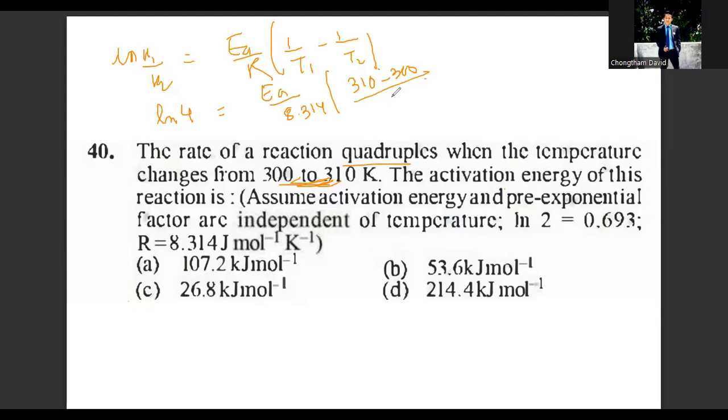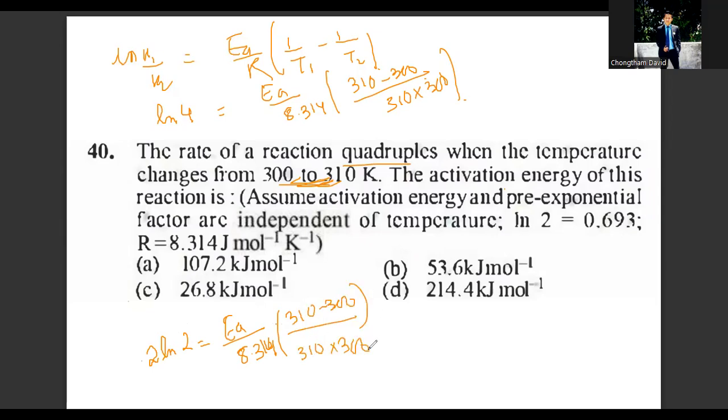From this, multiply 300 and 310, and you would easily get the value of activation energy. Anyway, let's calculate. So ln 4 can be written as ln 2 to the power 2. That 2 is raised in the power, so it comes in the coefficient by using the property of log. You have activation energy divided by 8.314 and 310 minus 300, over 310 into 300.